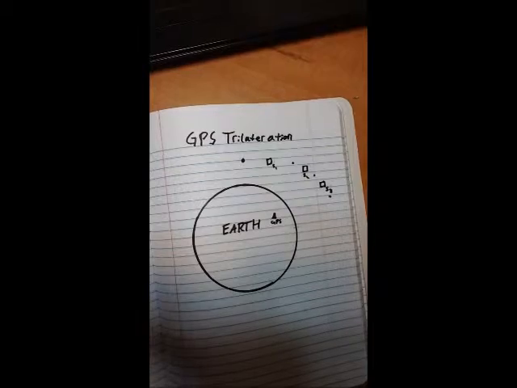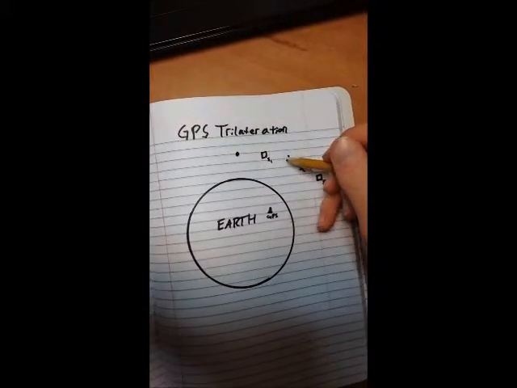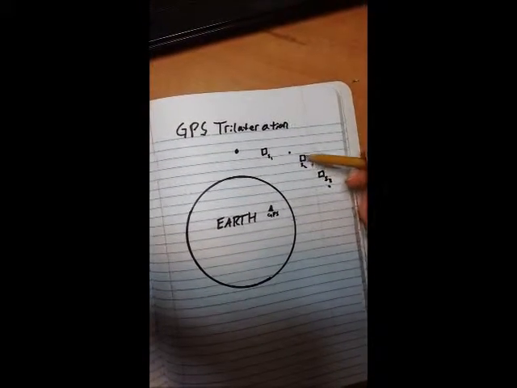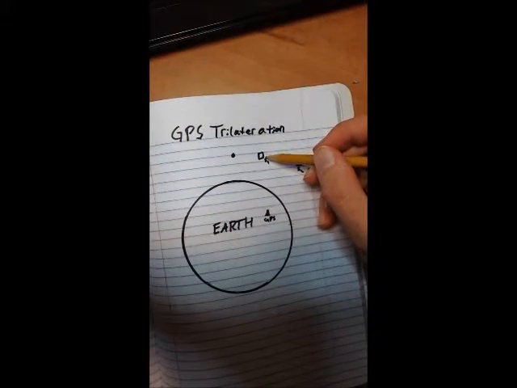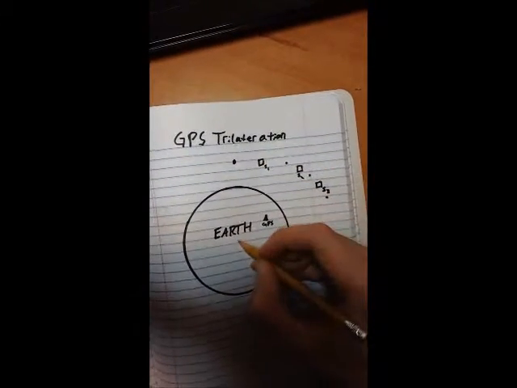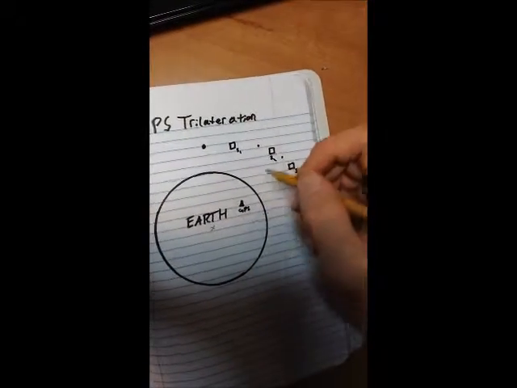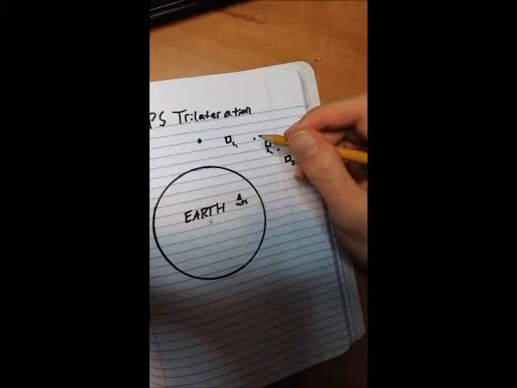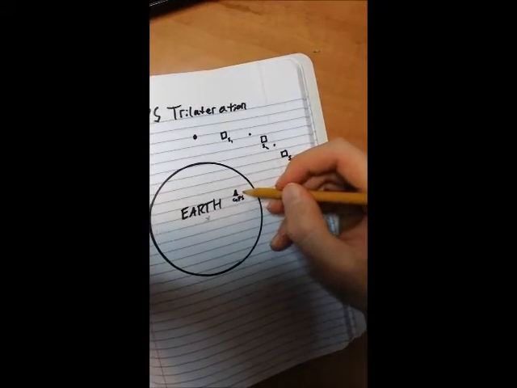Now I'd like to talk about GPS triangulation. Each of these satellites knows its distance relative to the center of the Earth. This satellite S1 knows how far it is to the center of the Earth, which I'll mark right here. Each satellite constantly broadcasts its distance, where it can be picked up by this GPS receiver.